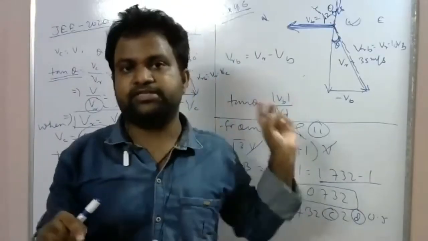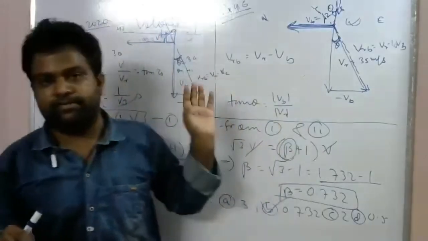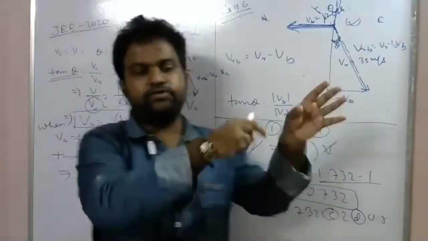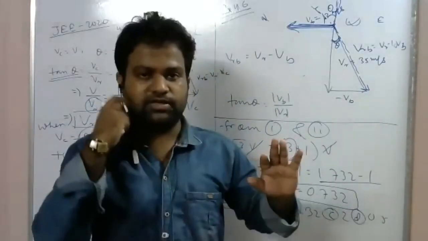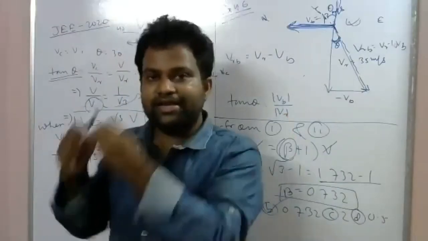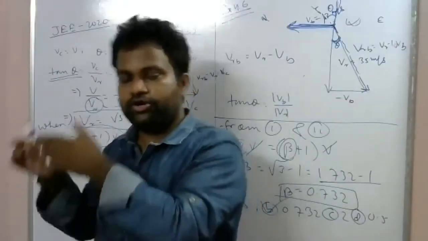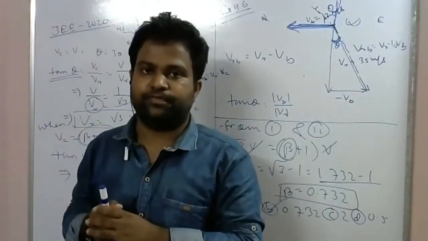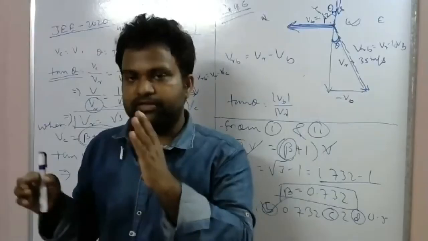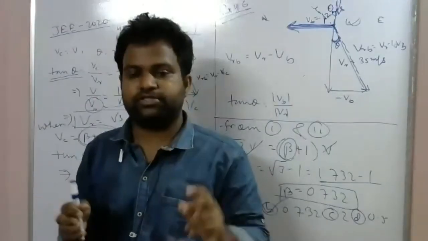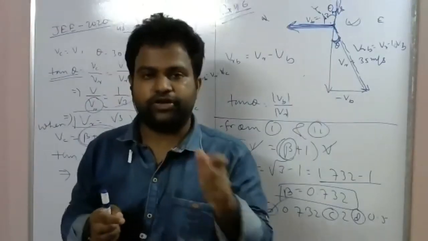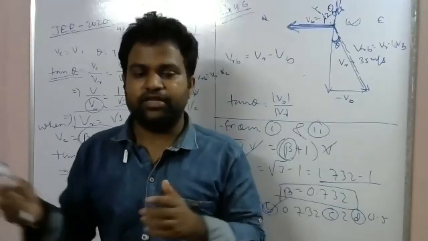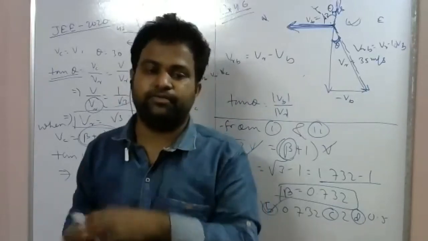The second case is when you are riding a bicycle, vehicle or car, then the relative velocity between your vehicle and the rain comes into the picture instead of the resultant. The third thing we have learned is a shortcut method to quickly find the square root of any number.